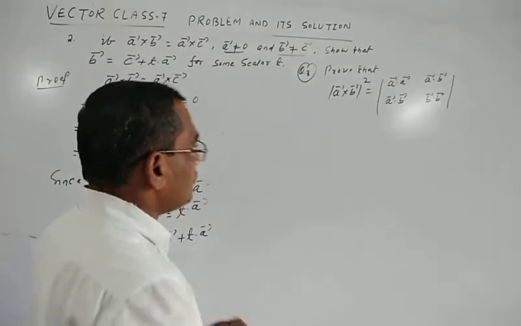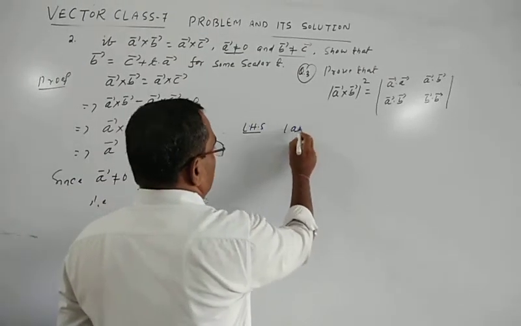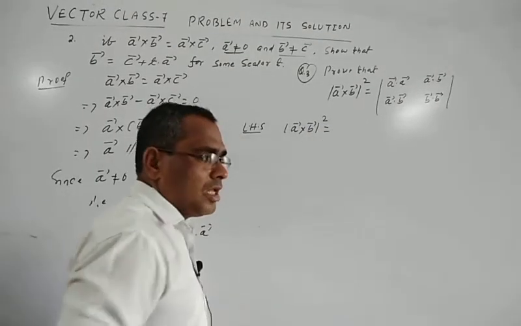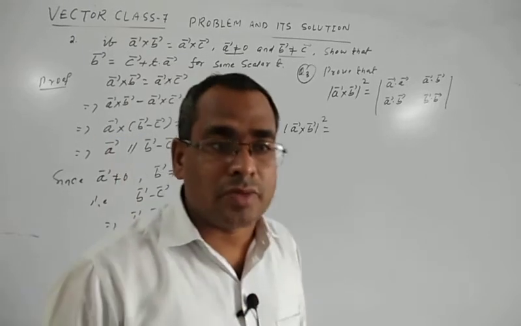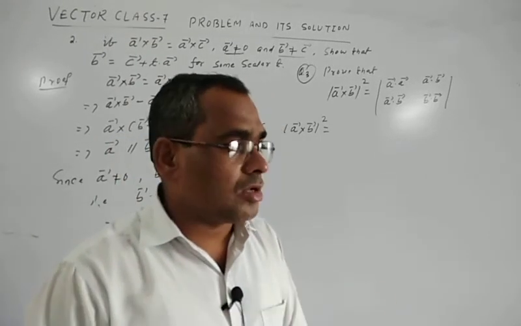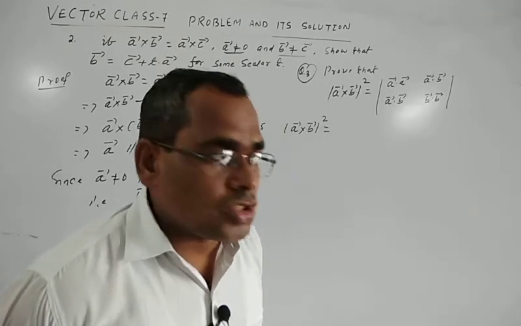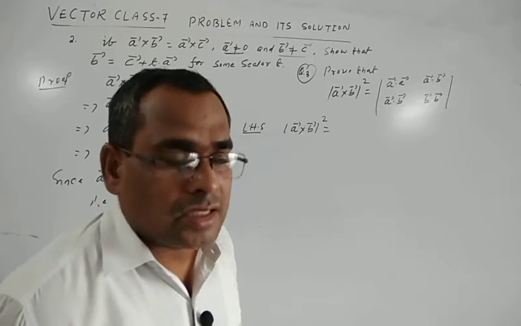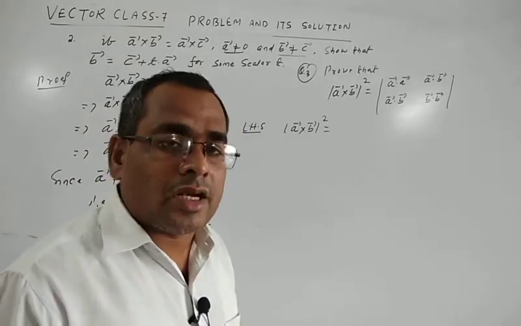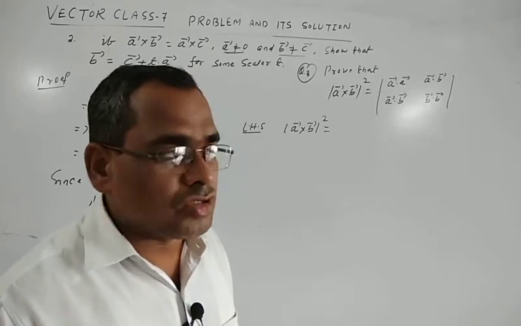Look, first we take the LHS part. So A vector cross B vector magnitude square. You know A vector cross B vector. What is A vector cross B vector? That means A vector magnitude, B vector magnitude, sin theta into n cap. But its magnitude means A magnitude, B magnitude, sin theta, and n cap magnitude is equal to 1.